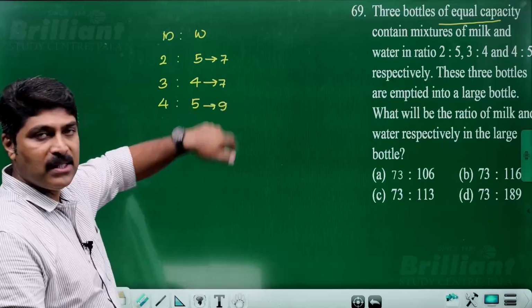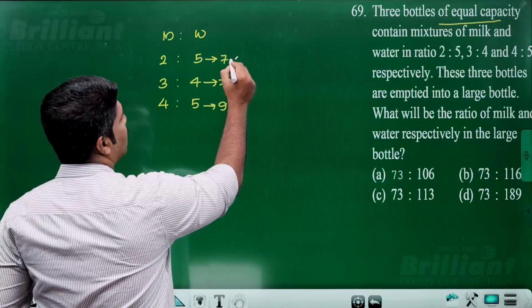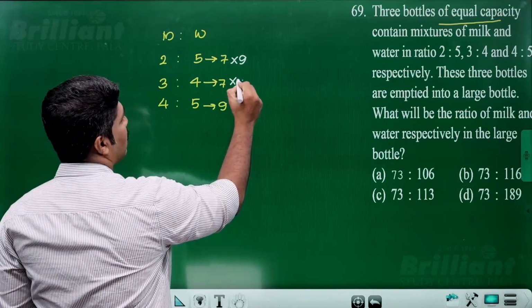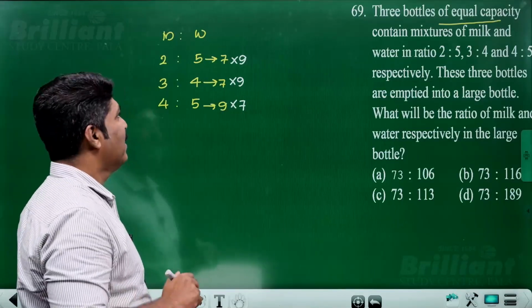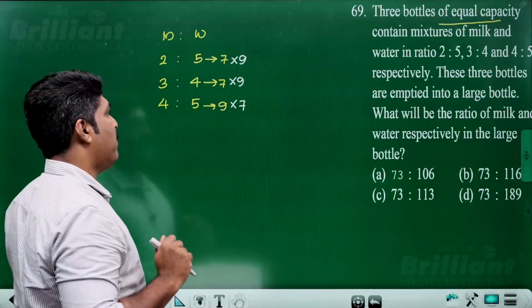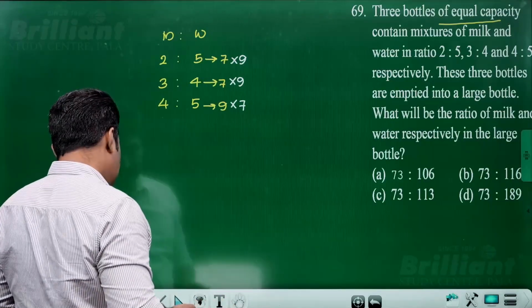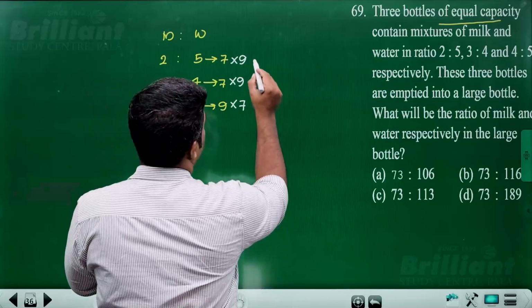If we want to make these quantities equal, we multiply the first 2 ratio values by 9 and the last ratio value by 7. We got the trick. This is the basic trick of this type of operation. So what is the changed ratio that you have to take?